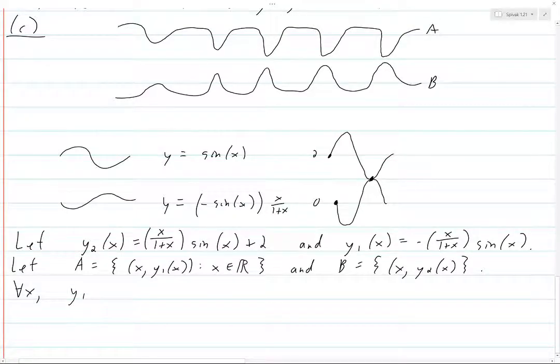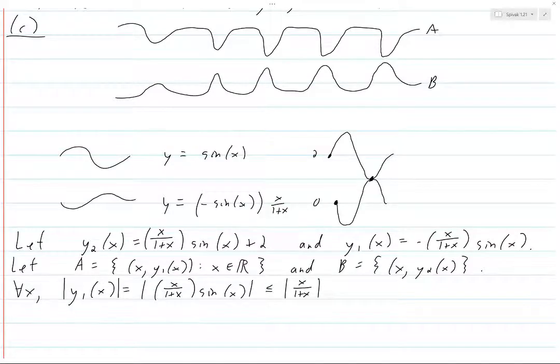So, let's say the norm of y1 of x equals the norm of x over 1 plus x sine of x. And so this is going to be less than or equal to the norm of x over 1 plus x, and the sine of x is going to be in absolute value less than 1, and so that's fine.